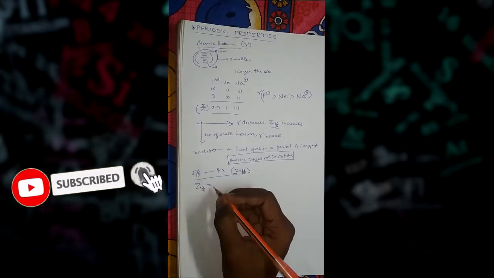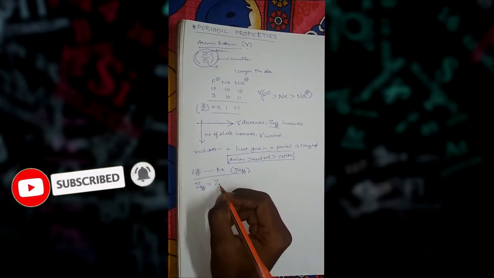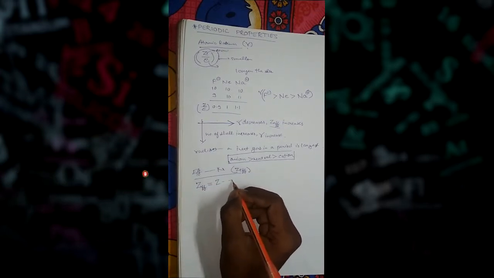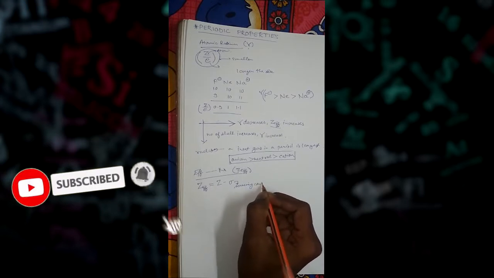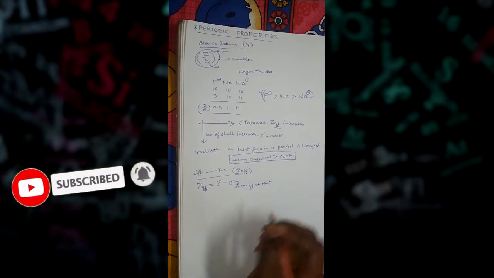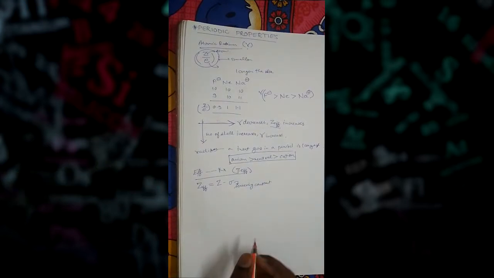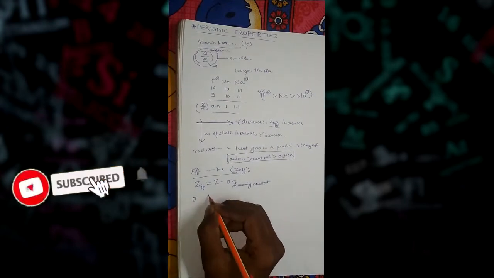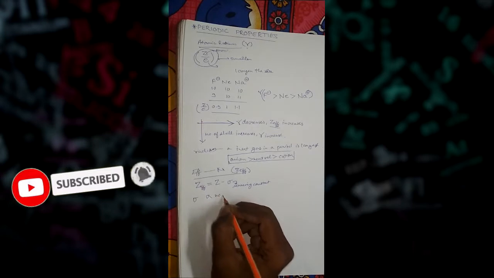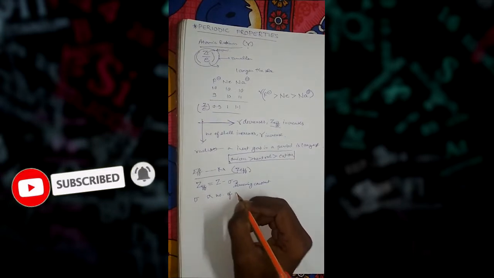So effective nuclear charge is atomic number minus screening constant. This sigma is known as the screening constant. Now let's know what this screening constant is. The screening constant is directly proportional to the number of inner electrons.